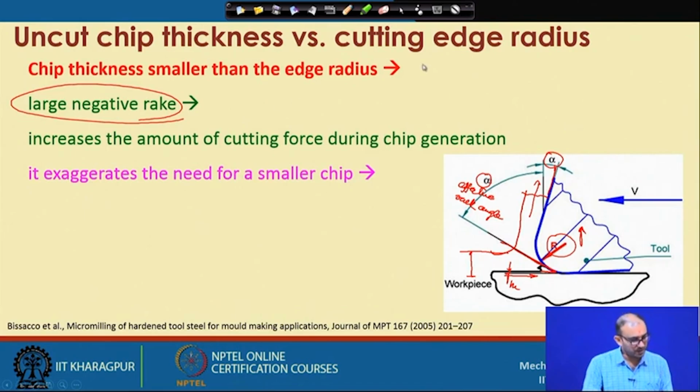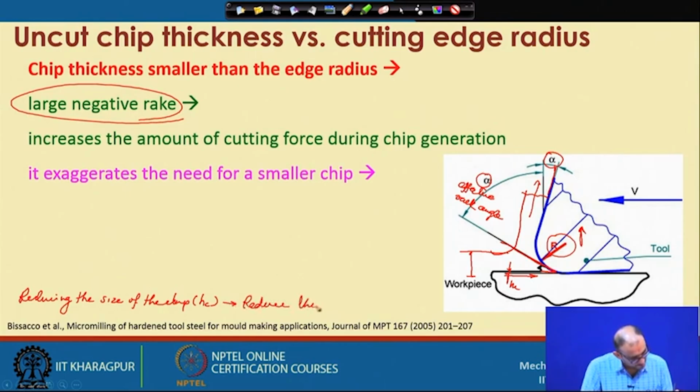Now we know that if you reduce the size of the chip, that is HC, we can reduce the cutting force, right?